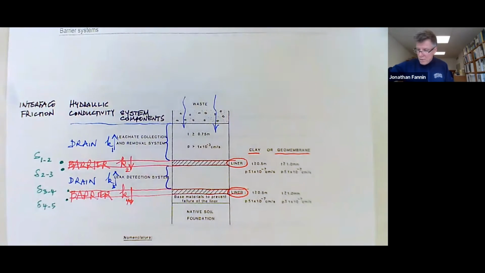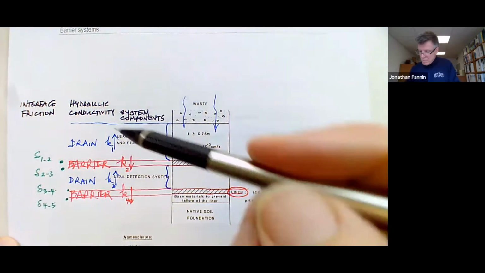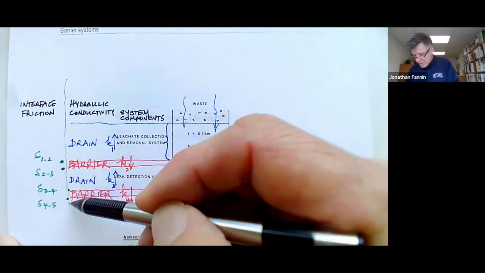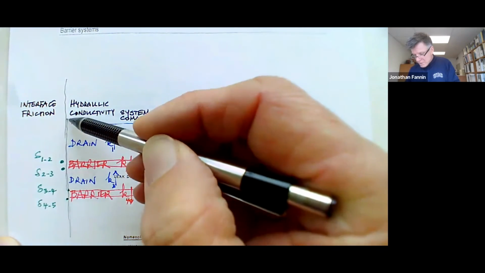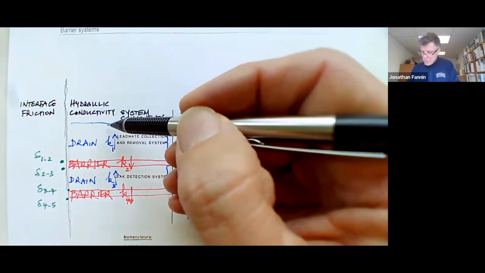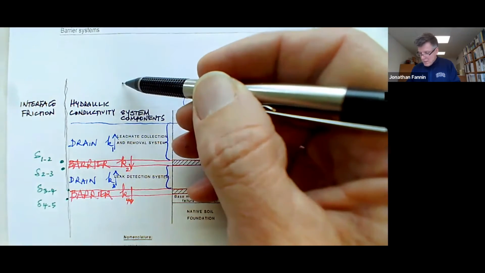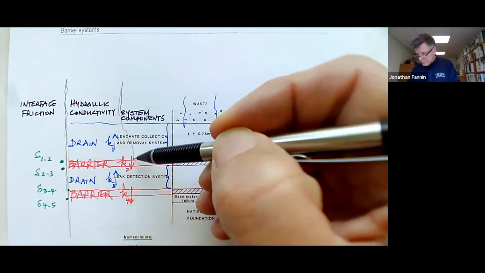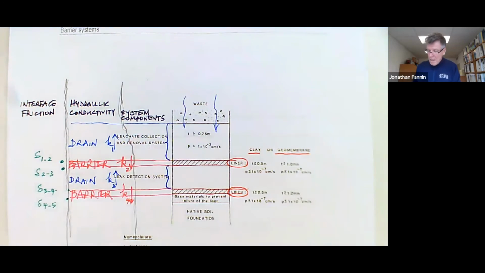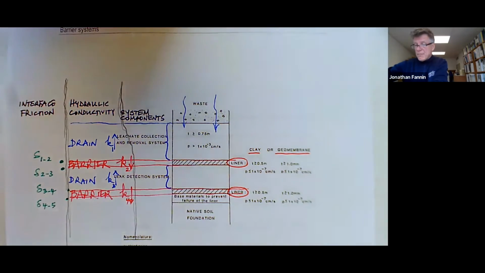So we have a world that is going to be driven by an interest, and this is partly where the Kettleman Hills experience comes through, the interface friction. And then we have system components where we're interested in the hydraulic conductivity, and the capacity for that hydraulic conductivity or contrasting conductivity to be available over the service life of the structure.